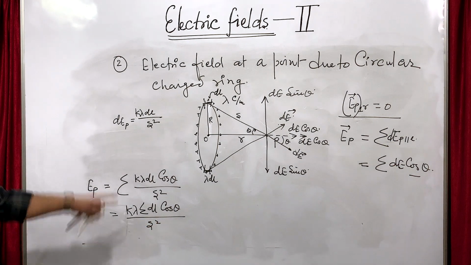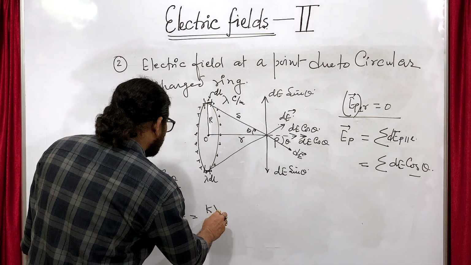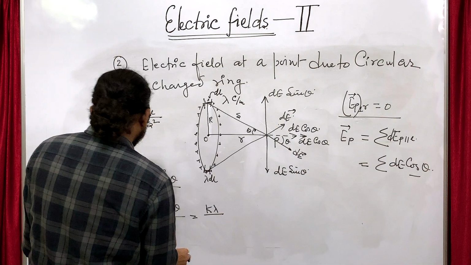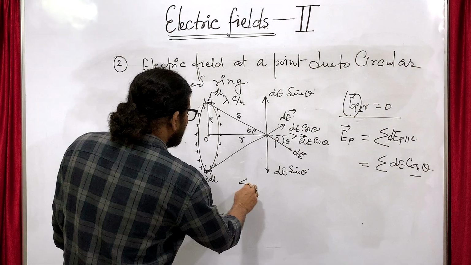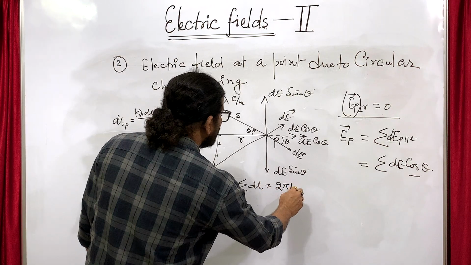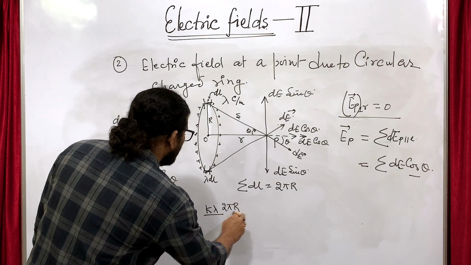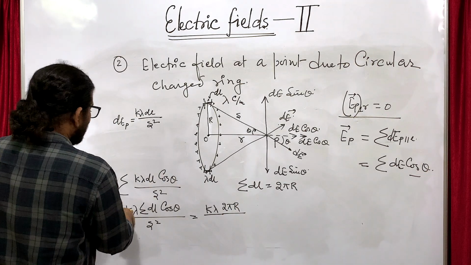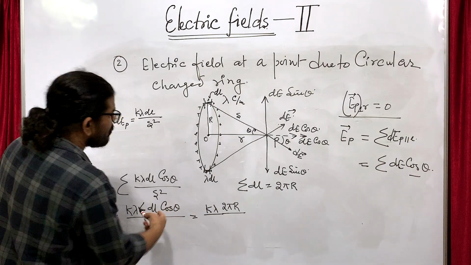Now from the geometry, here we can write K into lambda, and the summation over dL can be written as 2 pi into R. So K lambda is over, summation over dL is over, and now cos theta.